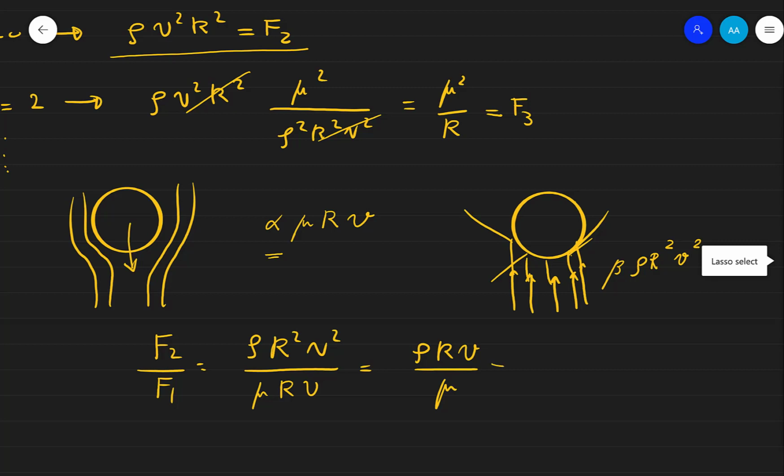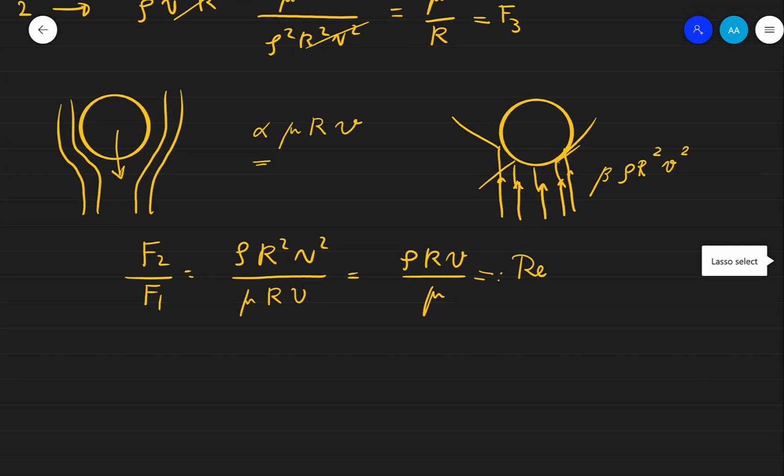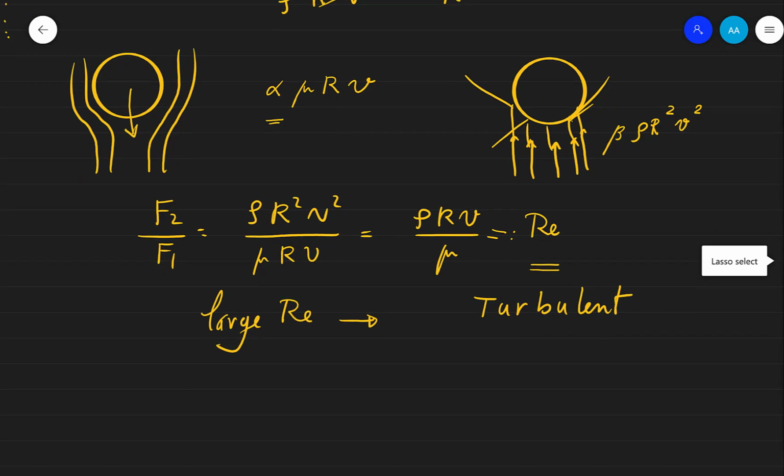It's known as the Reynolds number, and it also has a physical meaning. For a large Reynolds number, the fluid is turbulent, and for a small Reynolds number, the flow is laminar.